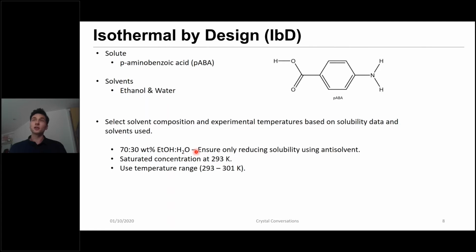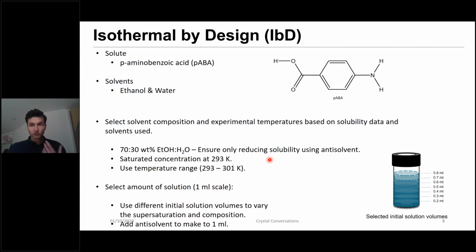This is because for this system, you get a hump in increasing solubility with small additions of water. So picking this composition ensured that in adding more water, I only ever increased supersaturation, and so could accelerate and lower induction times. Simply choosing a saturation concentration and a range of temperatures gives a large overview of the system.